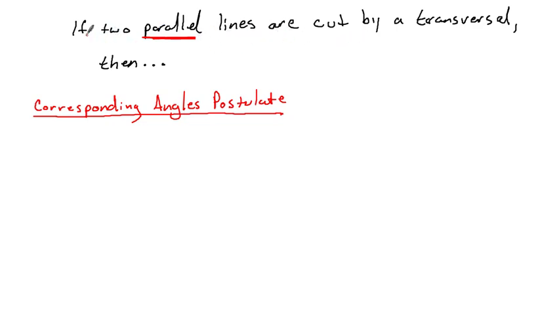So this is a conditional statement. Here's the if, here's the then. The if is the same for all of these. So we're only going to write the then. So if two parallel lines are cut by a transversal, then corresponding angles are congruent.